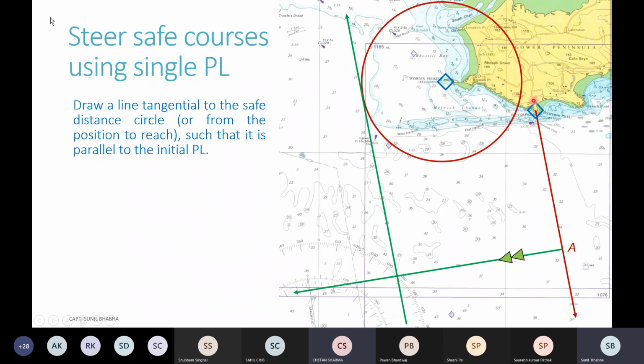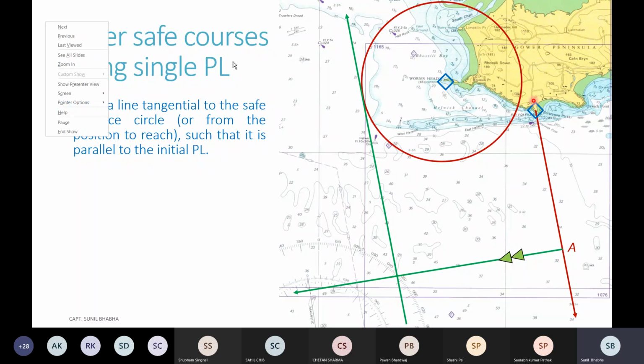So in case they give us a destination position to reach, they do not give us a safe distance.